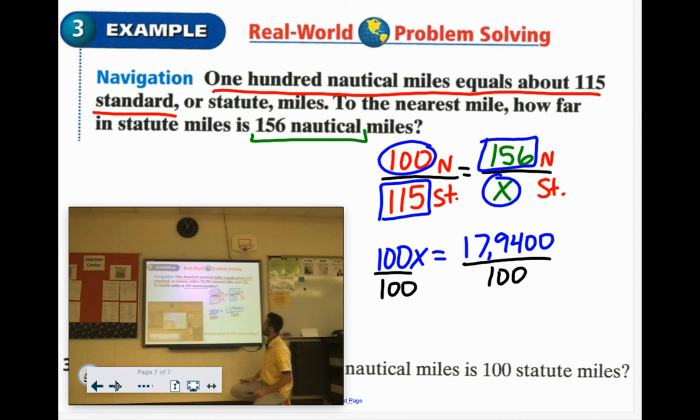I think I added too many zeros there. Oh yeah, I did add too many zeros. Whoops. So this would come out to 179.4. Now it says to the nearest mile, so we'll say 179 statute miles.